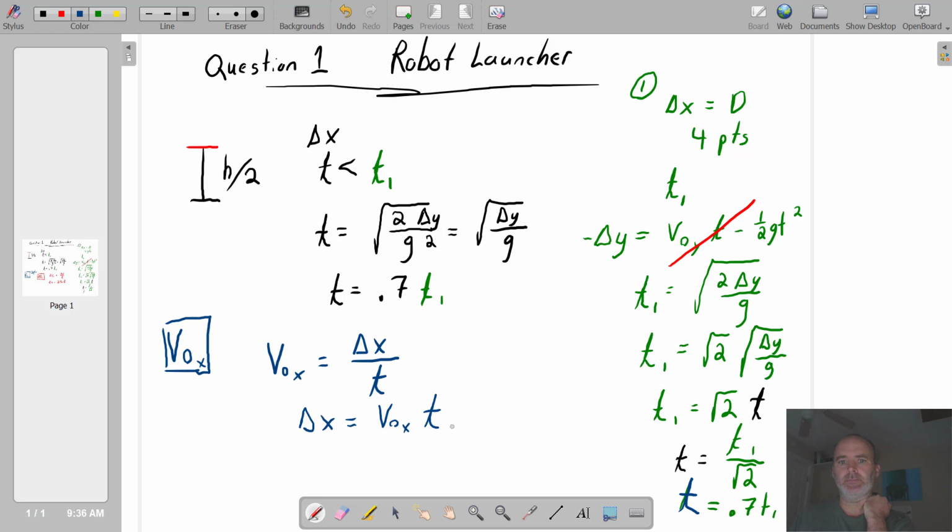My v0x times 0.7 t1. If you think about that, v0x times t1 was just d. So this right here is d. So what I get is my delta x is equal to 0.7 times d.